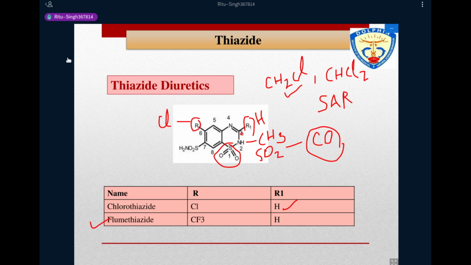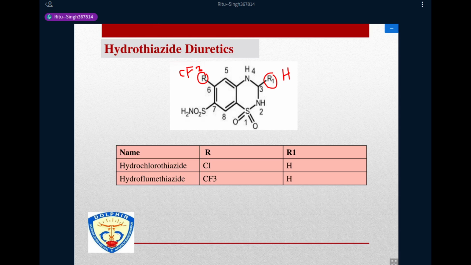Now we discuss the next structural activity point, which is related to the third and fourth position. At the third and fourth position, you can see there is a double bond in the structure of thiazide diuretic, but in the structure of hydrothiazide, this double bond is removed.